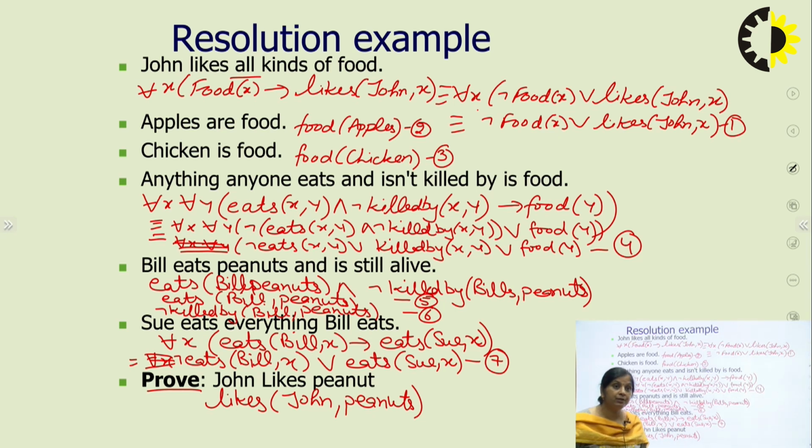This is already in clause form, so we will not apply any step here. We have to prove it, so we will use the method of resolution refutation. In resolution refutation, we actually check for a contradiction. So what we will do is take the negation of what is to be proven. We will take it as the 8th one.